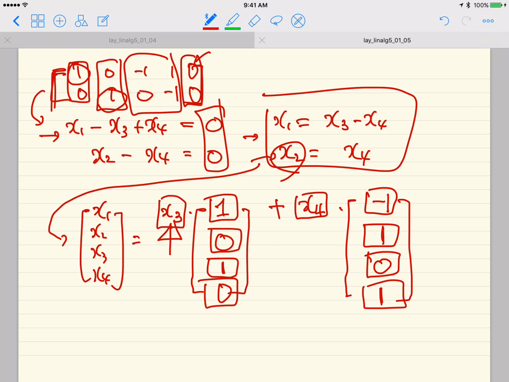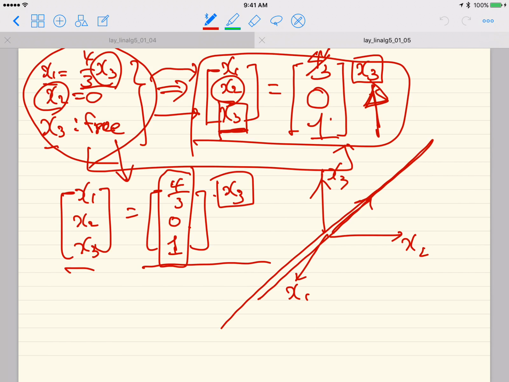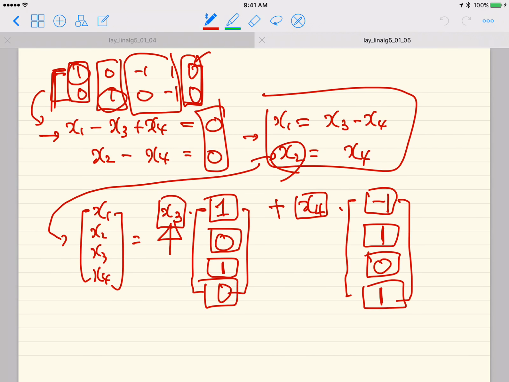Okay, and then compared to the previous example where we have only one free variable, you can think of it in this manner: we have one vector for each of our free variables. If we have one free variable, we have one associated vector. Here, because we have two free variables, we now have these two different vectors.